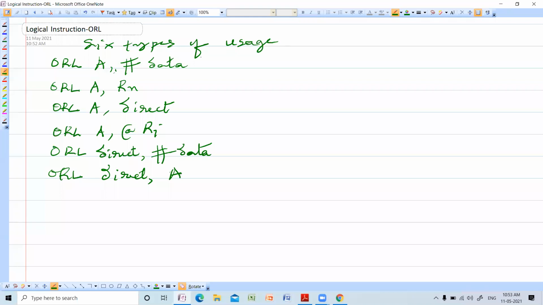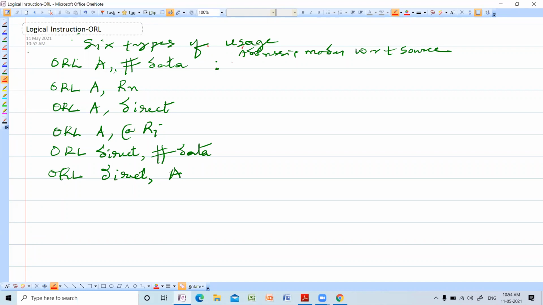So with respect to source, what are the addressing modes?